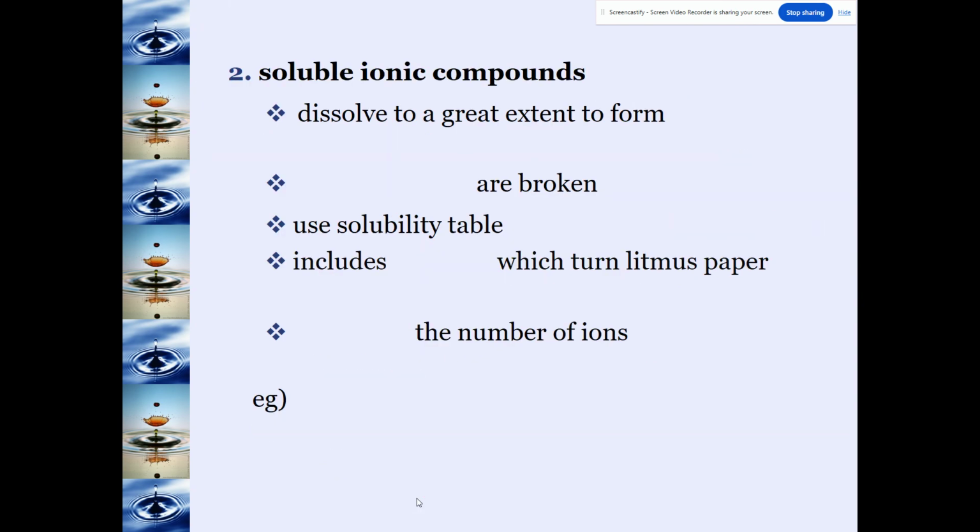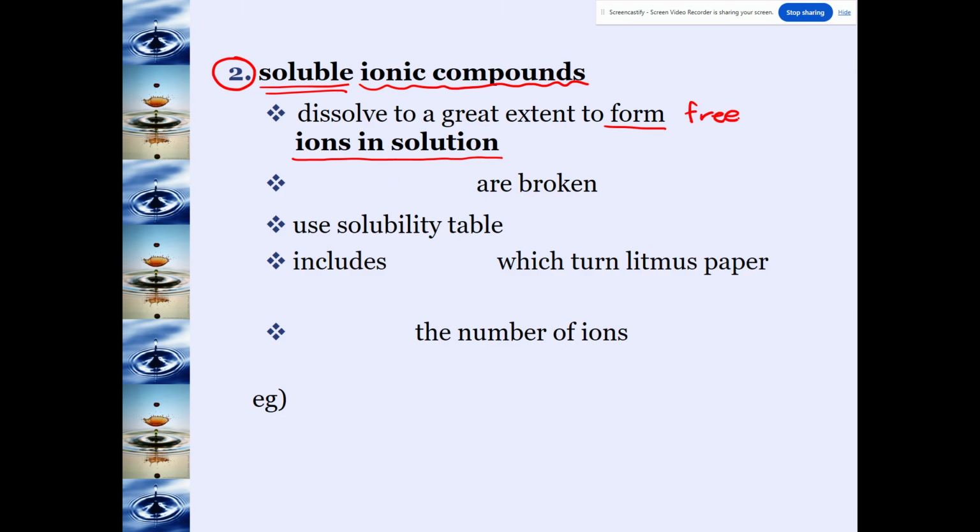Next, let's look at our second scenario of a soluble ionic compound. Okay, soluble ionic compound. Soluble ionic compounds, as I mentioned, form ions. They break apart into free ions in the solution. Okay, so the ionic bonds are broken.